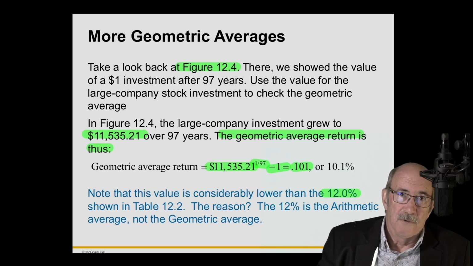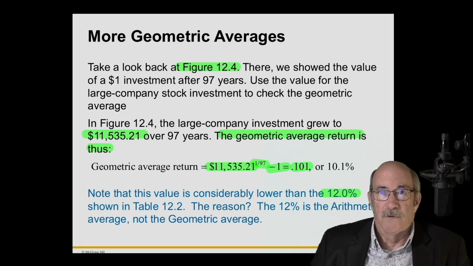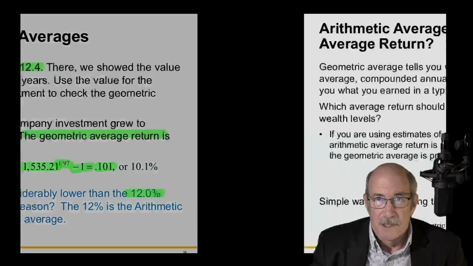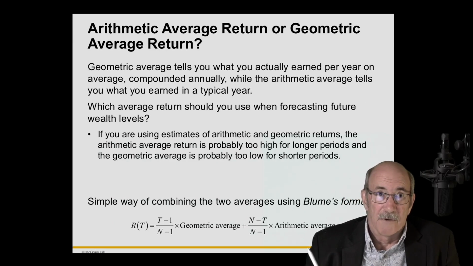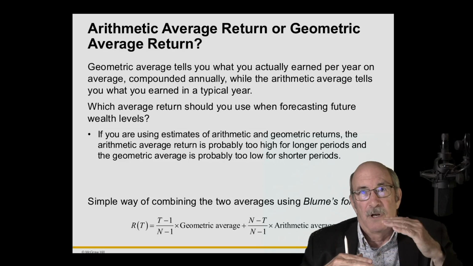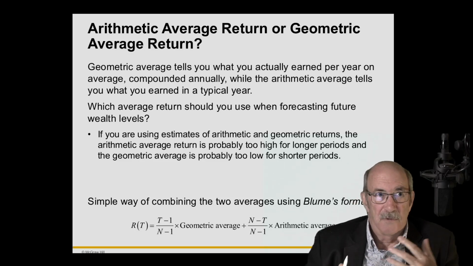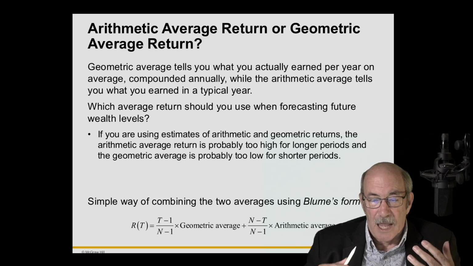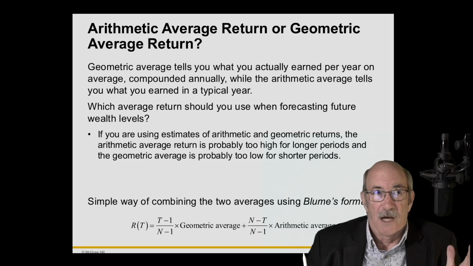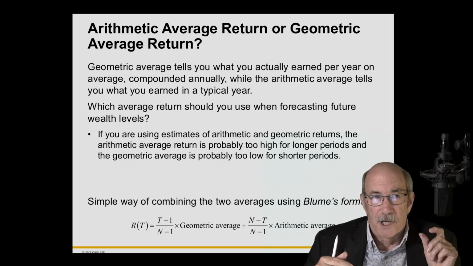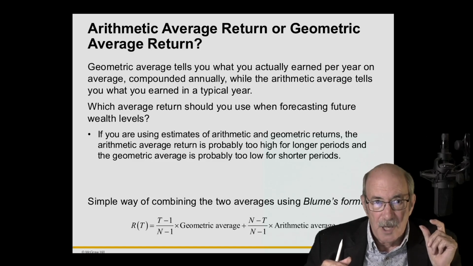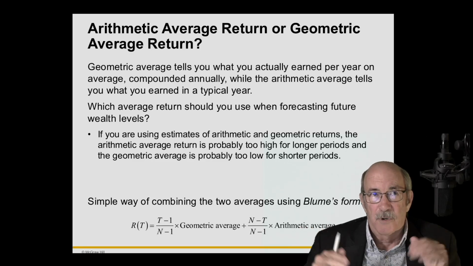Now, when do you use the geometric average and when do you use the arithmetic average? The answer is provided for us right here. Obviously, geometric is going to bias things downward compared to arithmetic. But when should we use each? Well, if we're looking at a long period of time and we want the annual average, a geometric average is more than likely going to be closer to what we actually receive over a longer period of time, say 20, 30 years.